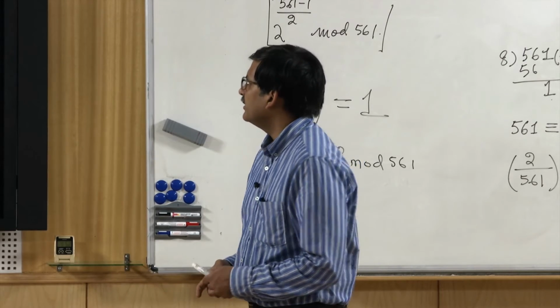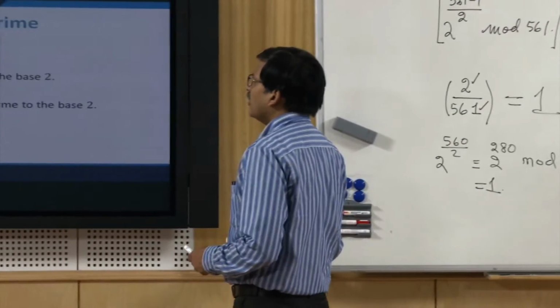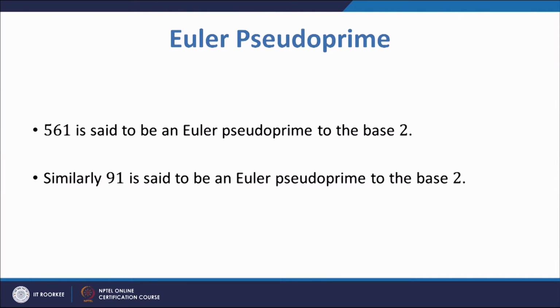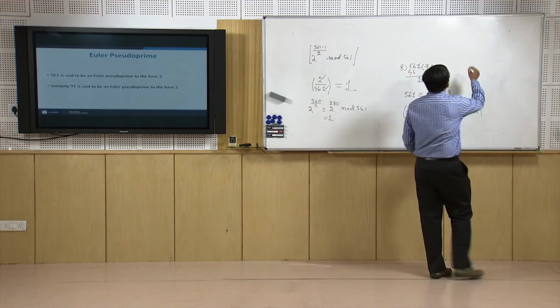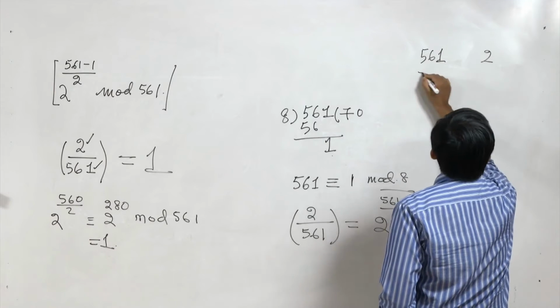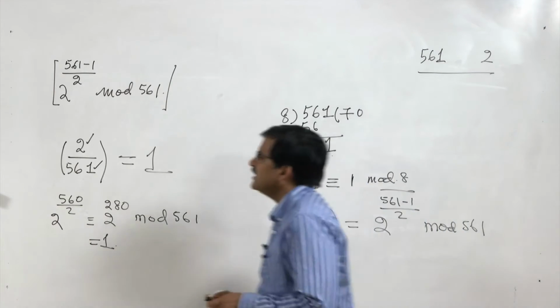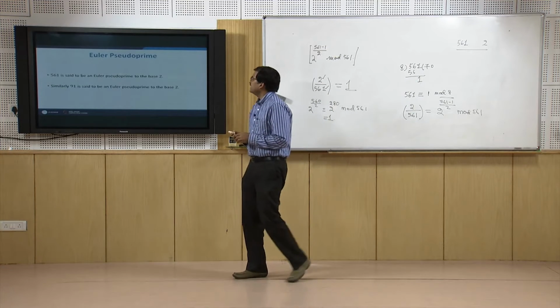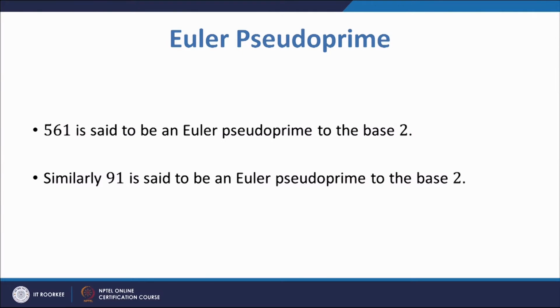These integers are called Euler pseudo primes to the corresponding base. So, in the case of 561 and the choice 2, we will say that 561 is an Euler pseudo prime to the base 2.